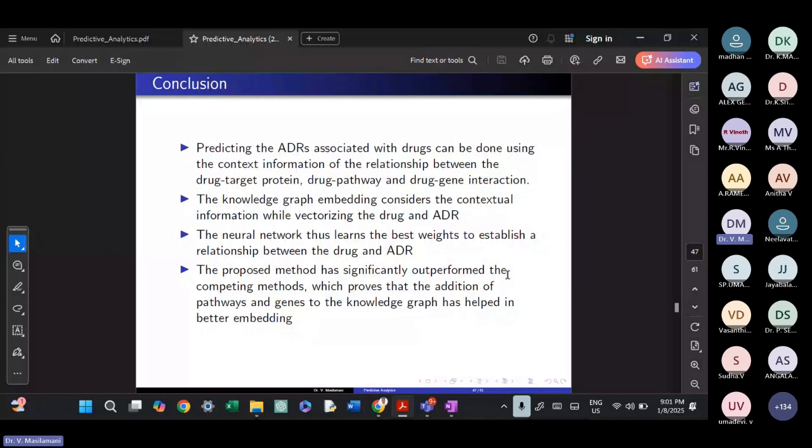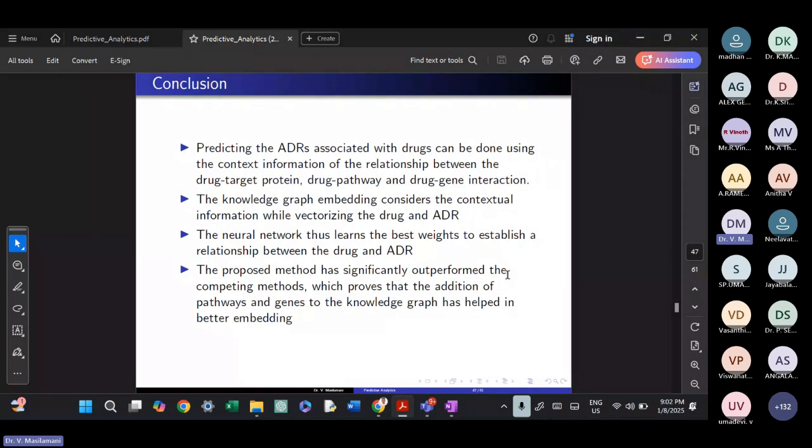The knowledge graph embedding is found to be a better method than the ensemble SVM methods, and the neural network used in the knowledge graph for word embedding is proved to be a good method. The proposed method has significantly outperformed the competing methods, which proves that the addition of pathways and genes to the knowledge graph has helped in better embedding.